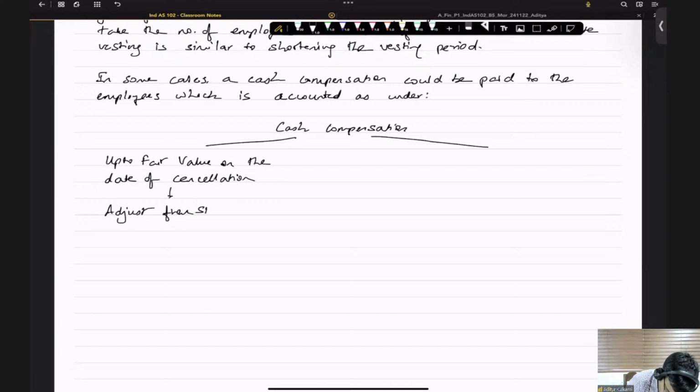Adjust from SBP reserve to the extent possible.